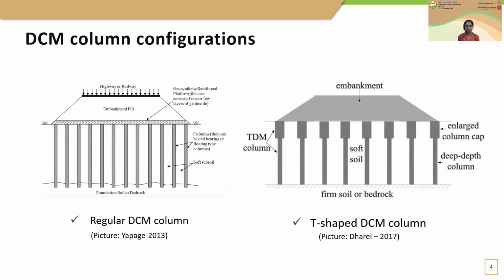One of these new column configurations is T-shaped DCM columns, as shown in the right-hand side figure. In these columns, the first couple of meters of the column has a higher diameter than the rest of the column. They are expected to provide more bearing capacity and less differential settlements.